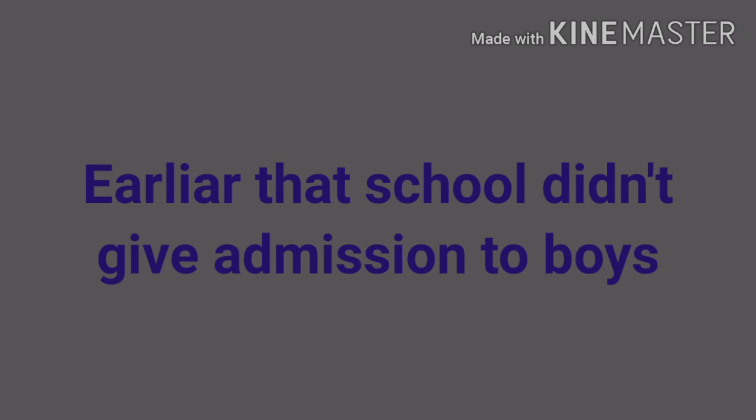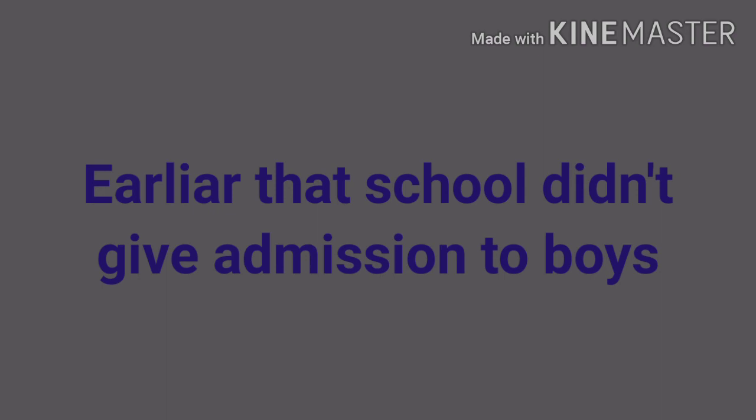Boys did not get admission there. But now that is not the case. So all these three sentences show some past facts. And because we use past tense, we can understand that in the present, it is not true or relevant. It is not like that.